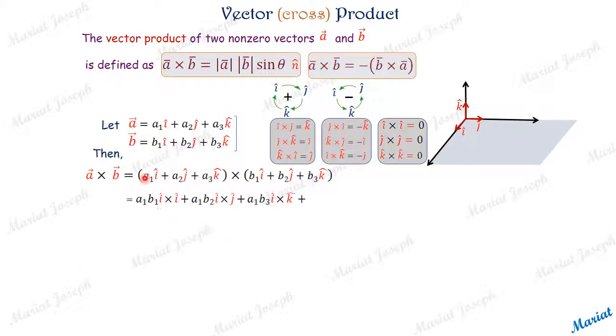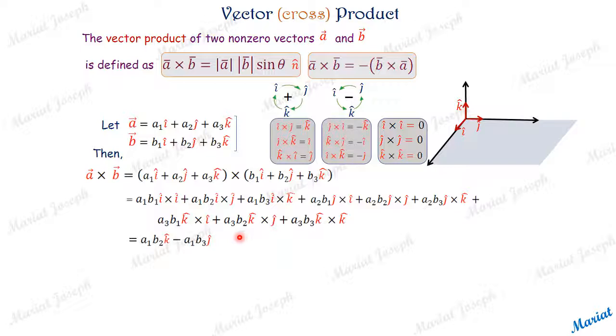What are they? A1 i cap cross B1 i cap, which is A1 B1 i cross i. But we know i cross i is 0, so the first term is 0. Now A1 B2 i cross j. I cross j is k. So in the next step we will write it as A1 B2 k vector, etc. Distribute all 9 terms.